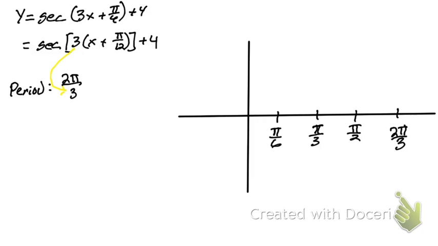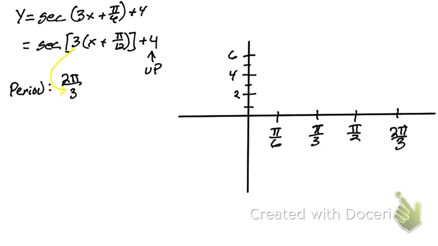All right. Then we're going to have maybe 1, 2, 3, 4, 5, 6, because this needs to go up 4. The amplitude is still 1, correct? Yes. And since we're dealing with cosecant, I'm going to graph the cosine.